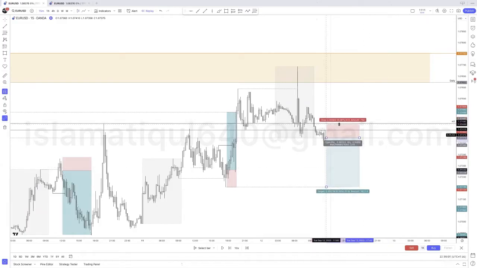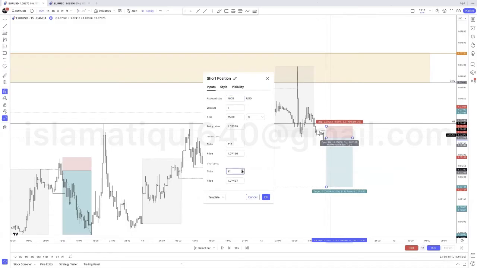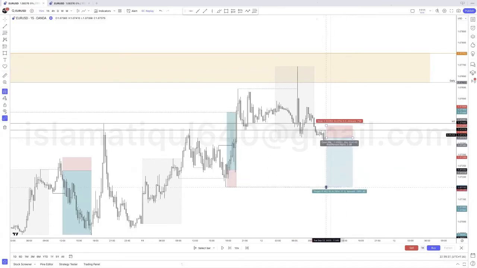If it stops me out, that's fine, because once again, risk to reward is very good. We can always cover the losses. I will have a 5 pip stop loss so I can get a 1:4. Yeah, 5.5 pips. Okay, that's it. I'll get a 1:4. So let's see what they're going to do.